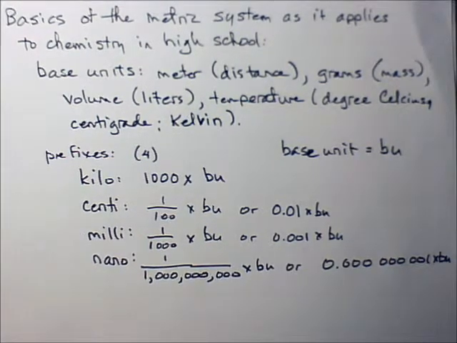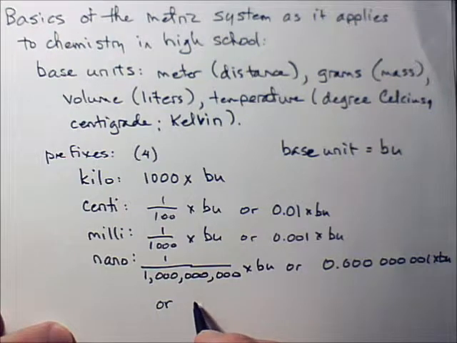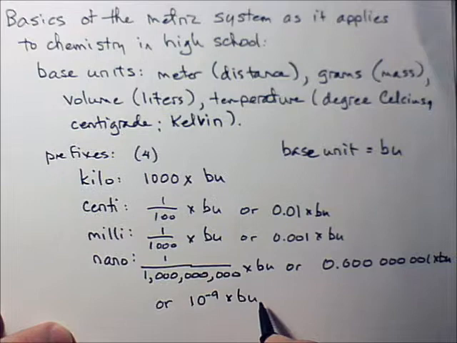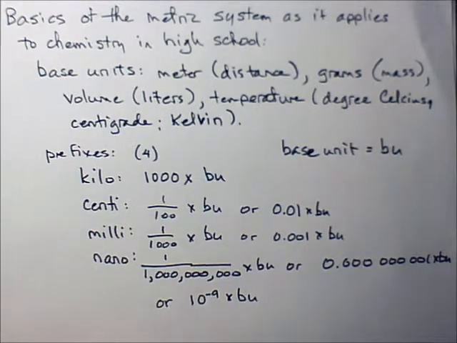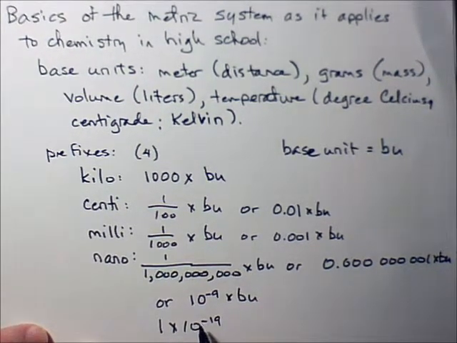So we need a way to make it a little easier to manage. The way that's easier to manage when we get into numbers like that is 10 to the negative 9 times the base unit. This is the basis behind something we call scientific notation for numbers. Does that make sense? So scientific notation would take this number and we'd say 1 times 10 to the negative 9. That would be the way you would write scientific notation.